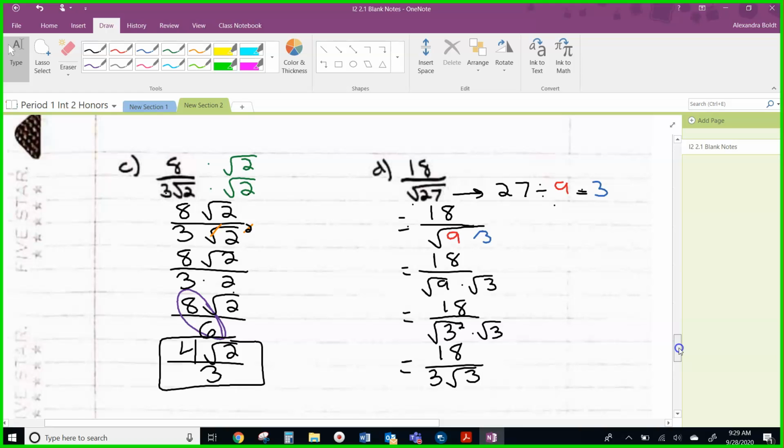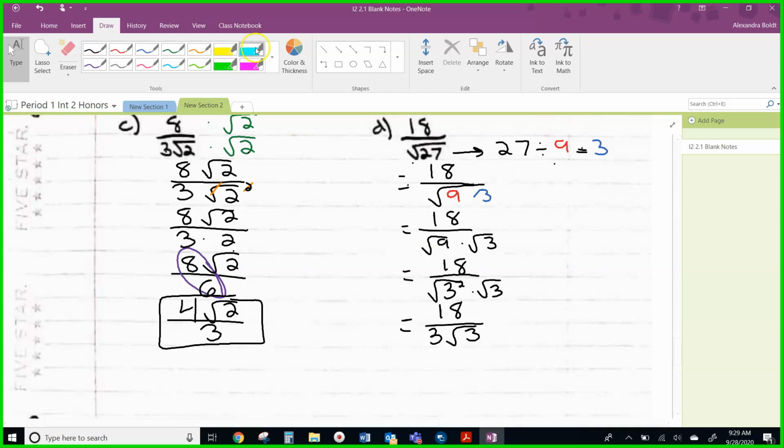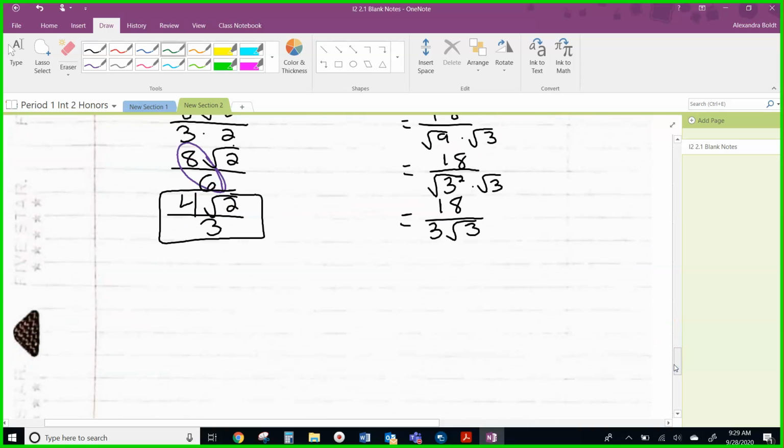So that was just the simplifying part. Now, I still have to do step 3, where I have to multiply by that radical. So I'm going to multiply by square root 3, which gives me 18 square root 3 over 3, and then square root 3 times square root 3 is square root 3 squared.